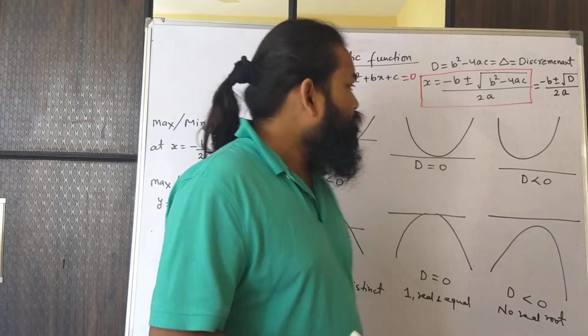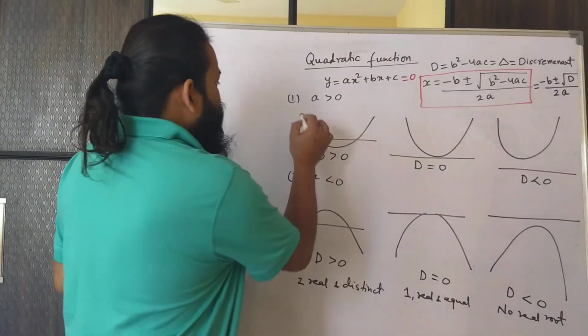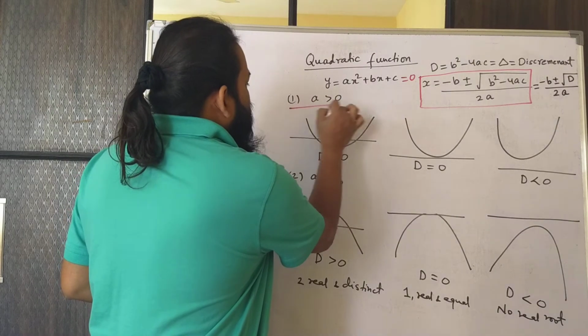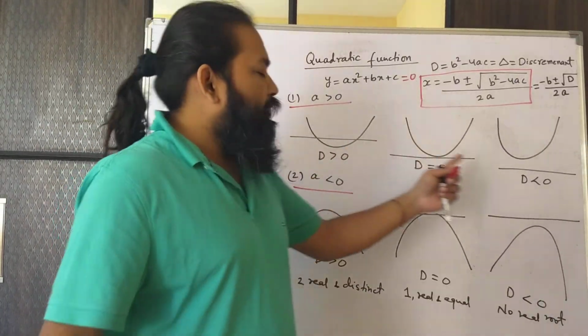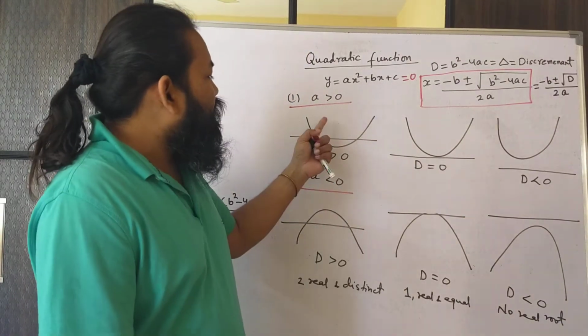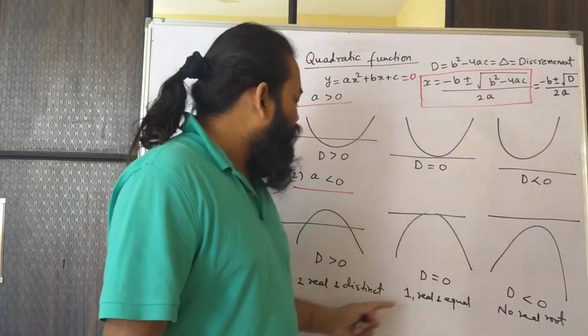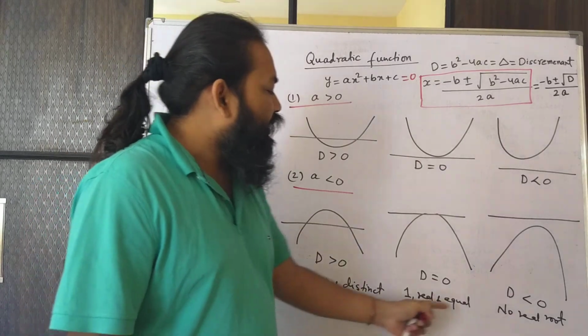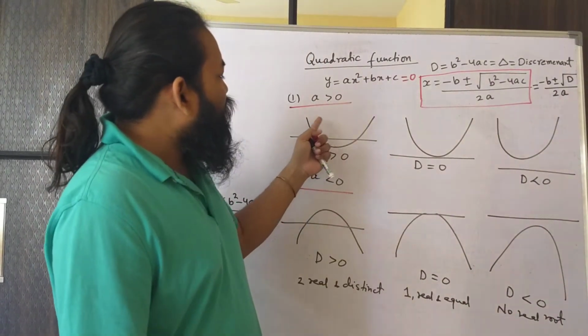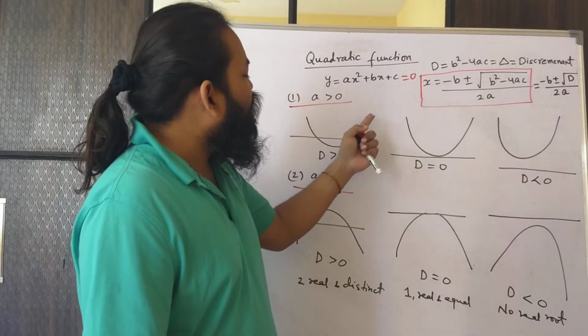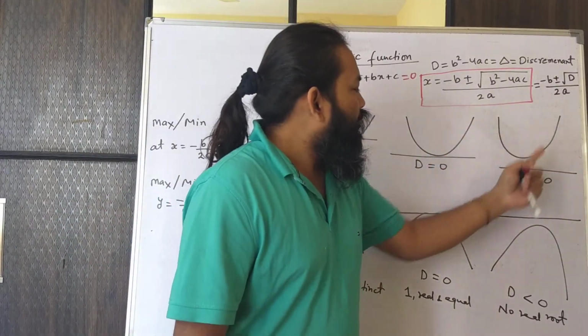Let's see. I have taken two separate cases, when a is positive and when a is negative. You can see, when a is positive there are three cases, and when a is negative, again there are three cases. But what is striking here is, wherever a is positive, the graph will look like a U shape. Why is it so?